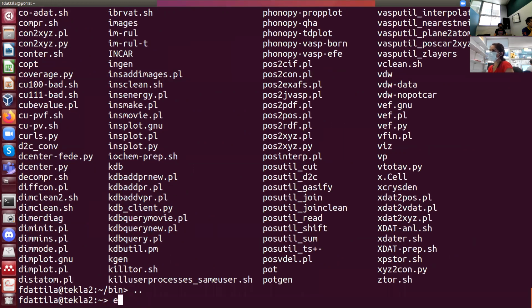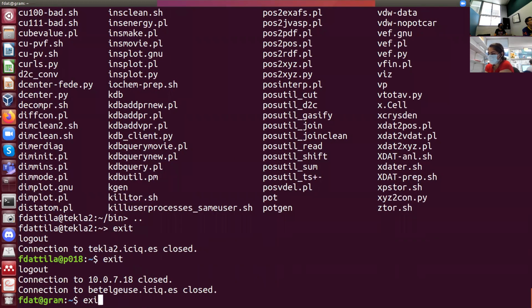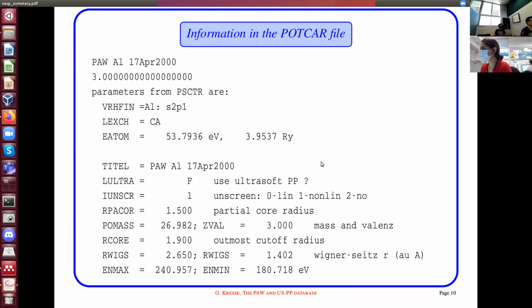In your case, for all these exercises, you already noticed that you always got the POTCAR done. Okay, so as we mentioned, we use the PBE potential. You have used PBE for all the exercises, and for the PBE pseudopotential, all the information is included in the POTCAR.